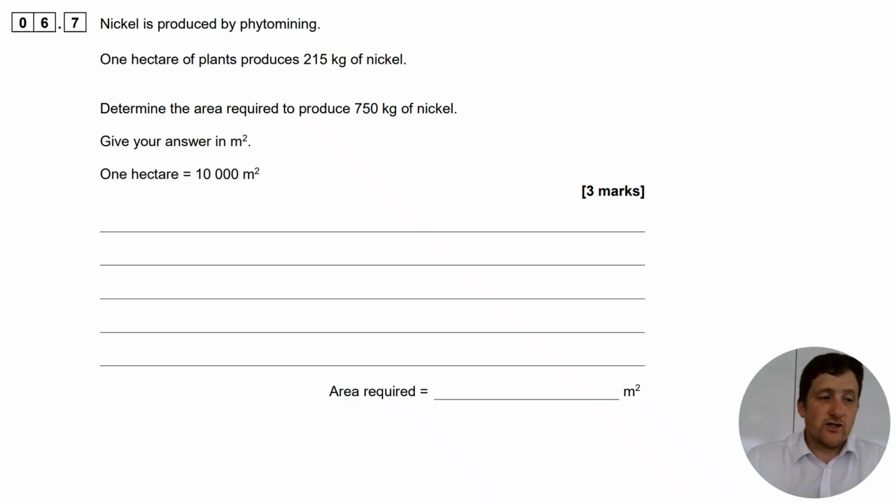6.7, our very final question. Okay, we have, give your answer in meters squared, but determine the area required to produce 750 kilograms of nickel if 1 hectare of plants produces 215 kilograms of nickel. Okay, so what we've got to do is 750 kilograms divided by 215, that is going to give us how many hectares we need. 3.49 hectares.